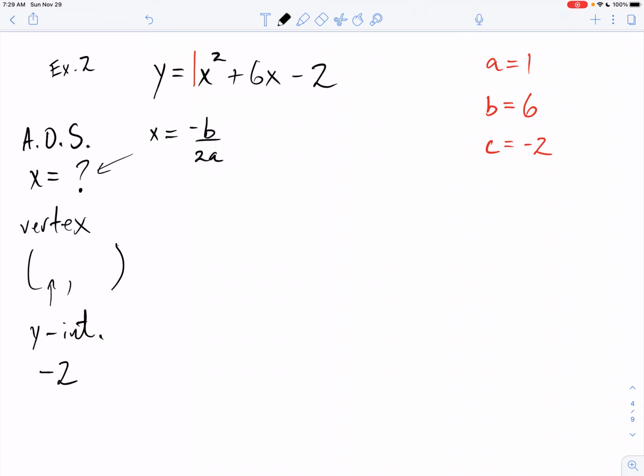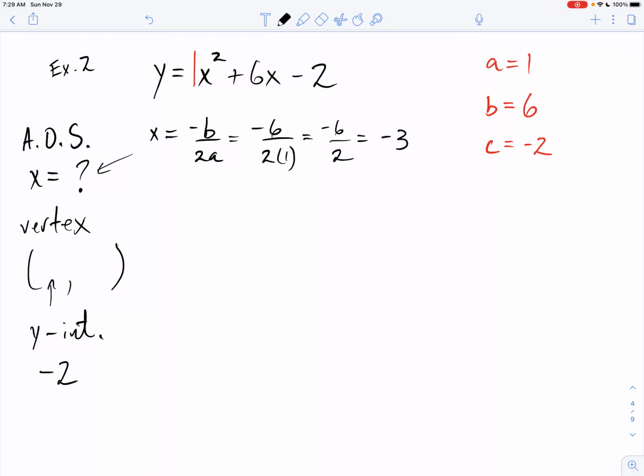Anytime I jot down a little formula or whatever, might not be a bad thing to have in your notes. Remember, open note. So here we go, -b, so that would be a -6 over 2 times a, so that's just 2 times 1 is 2. So I get -6 divided by 2, that's just -3.